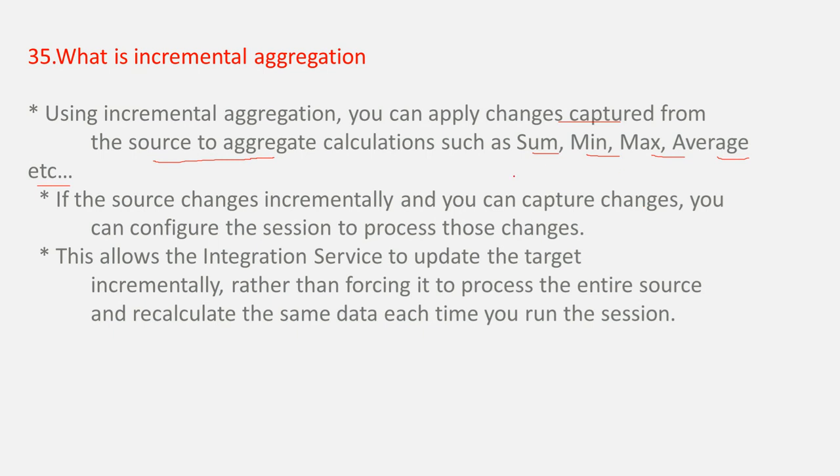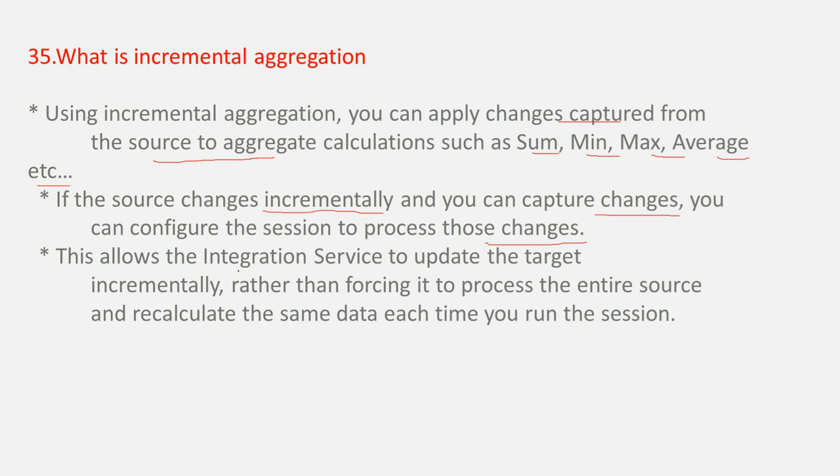That kind of thing is called incremental aggregation. If we have to generate minimum, maximum per day, or an average over 30 days, we do incremental aggregation. If the source changes incrementally and you can capture the changes, you can configure the session to process those changes.